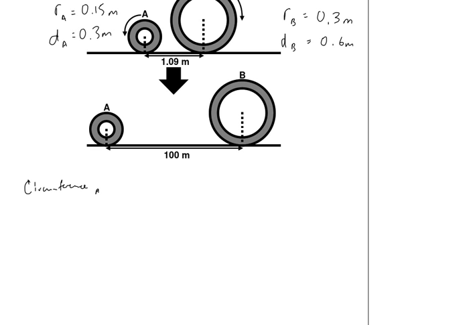Pi d, very good. Pi times diameter of A. And pi in this question, what did they ask us to use? 3.14. So 3.14 multiplied by 0.3, which is how much?